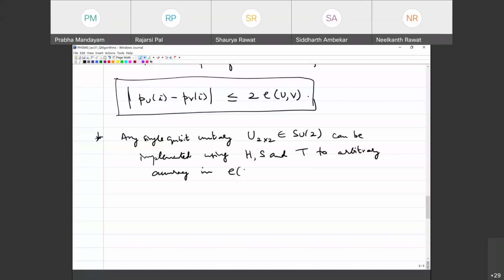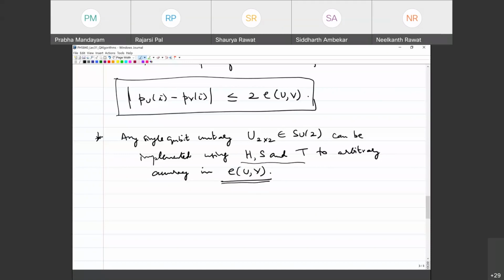So this is the metric or the measure that we will use to judge how accurate a decomposition is. Of course, the exact statement will quantify this precisely. So if you want to implement your gate U with a certain accuracy E, then you will need a certain number of Hadamard, S and T gates.